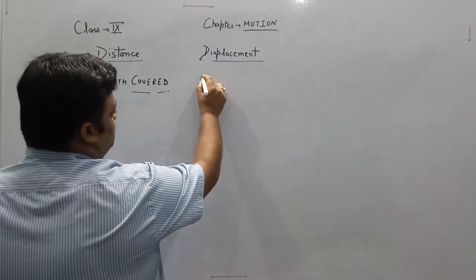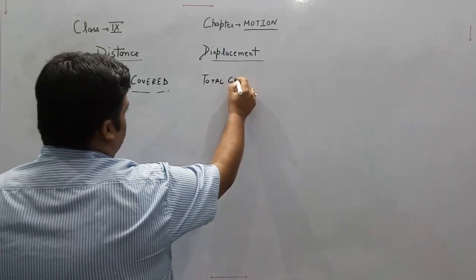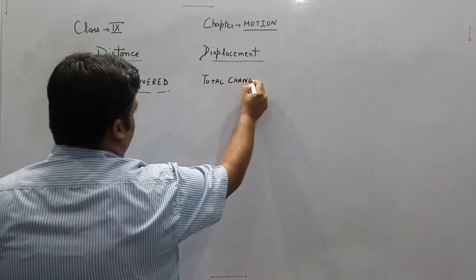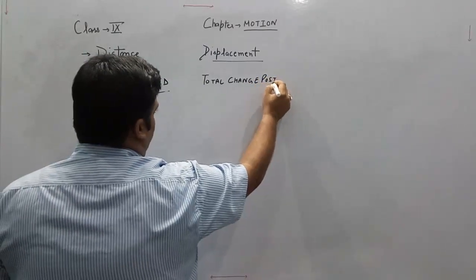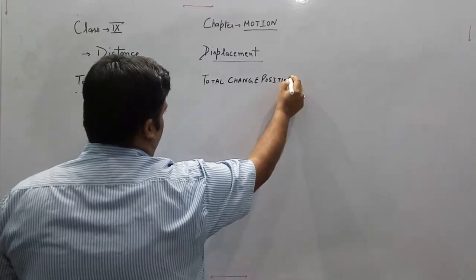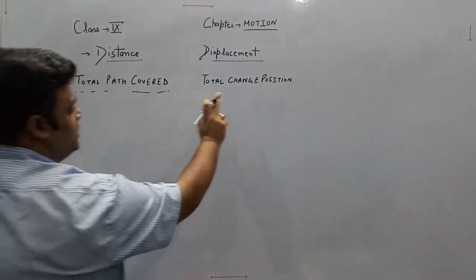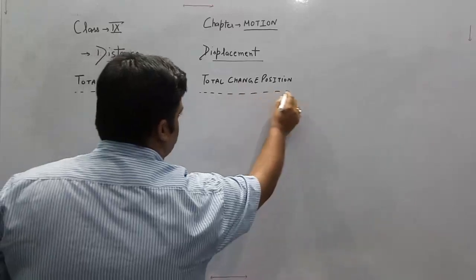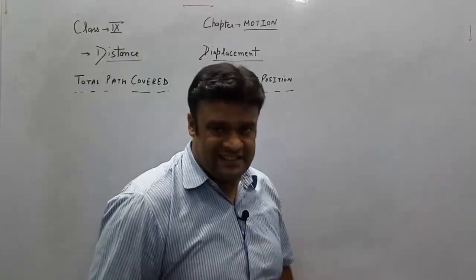It is the total change in position of the object. Total path covered and total change in position. What is the difference between these two lines?